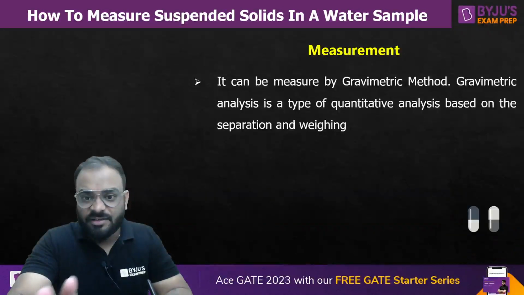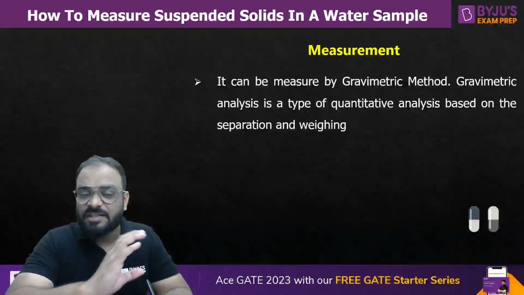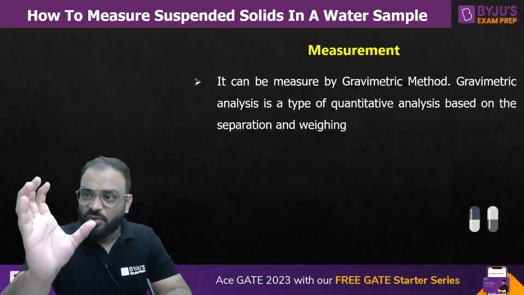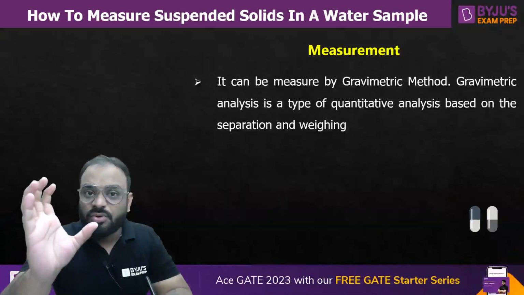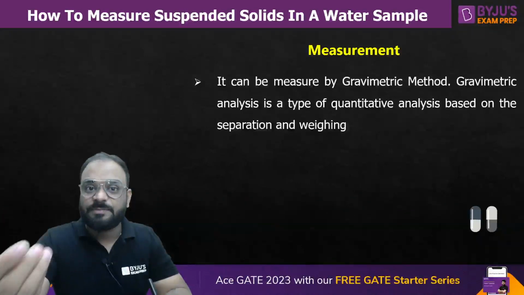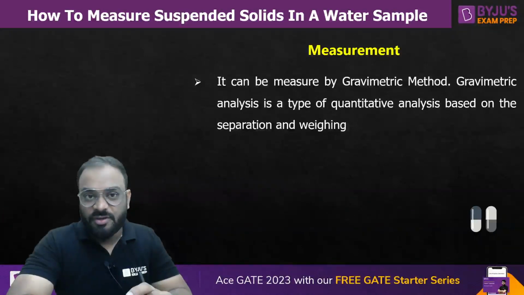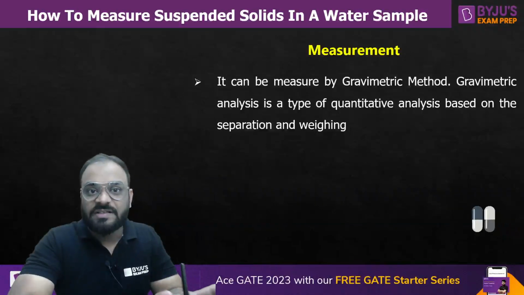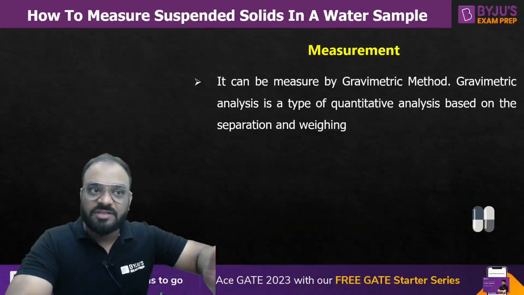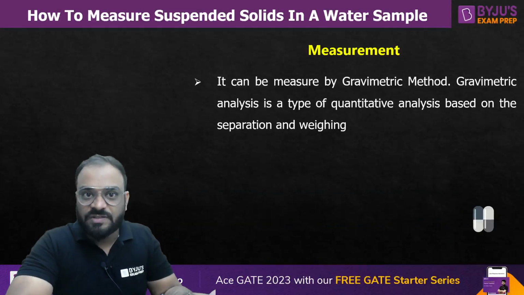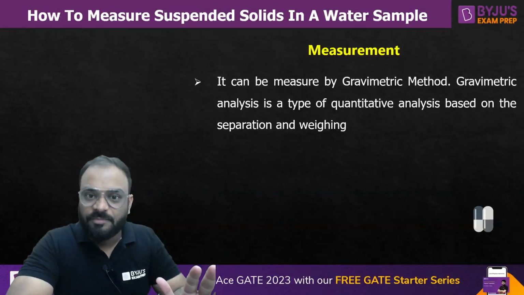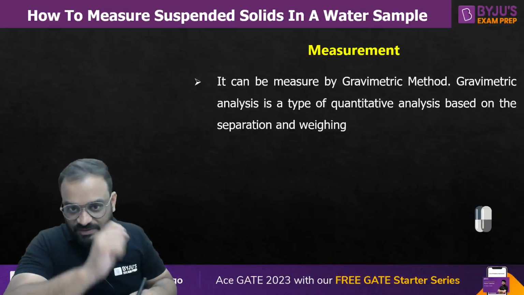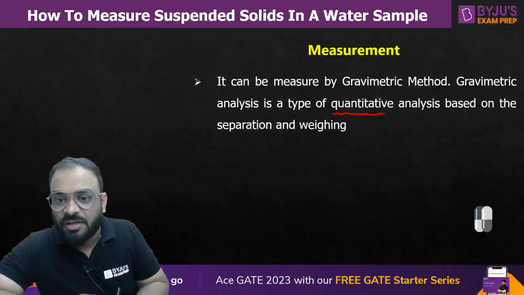You only need to understand how much solid, in terms of weight, is present. That is called quantitative, not qualitative. If it is qualitative, then it also tells us which type of chemical composition is there for the solids, etc. But this particular analysis is a quantitative analysis. That is the beauty of this particular method.